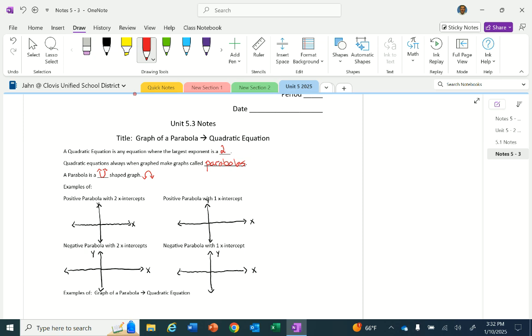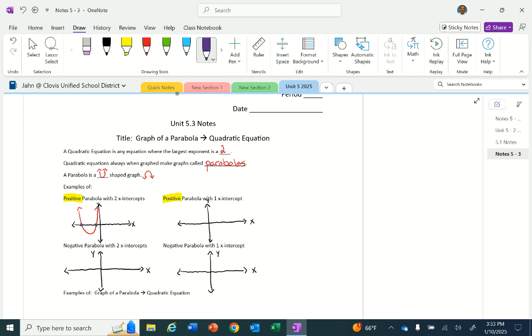So when we're talking about a positive parabola, what that means is that the parabola is going upwards. So an example of a positive parabola with 2 x-intercepts might look something like this. It's going to be a parabola that is going upwards, and it's going to intersect or touch the x-axis 2 times.